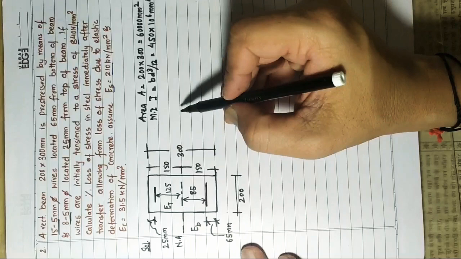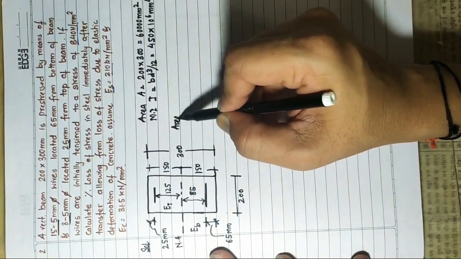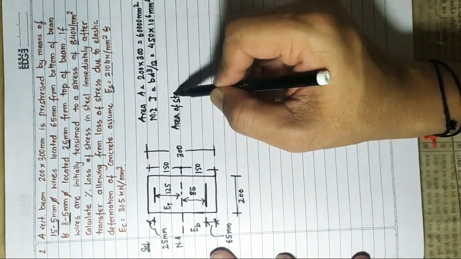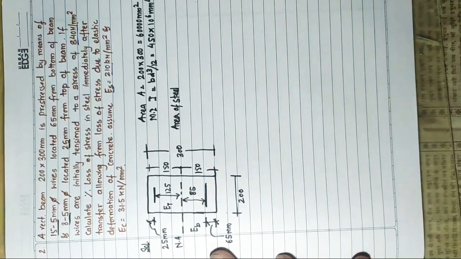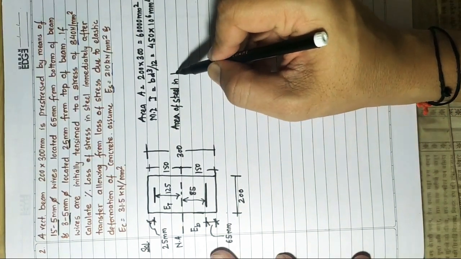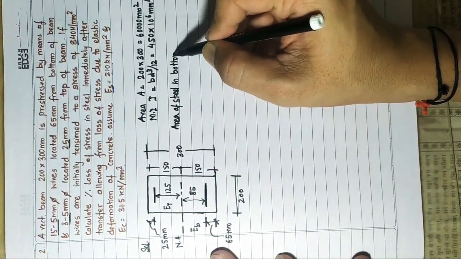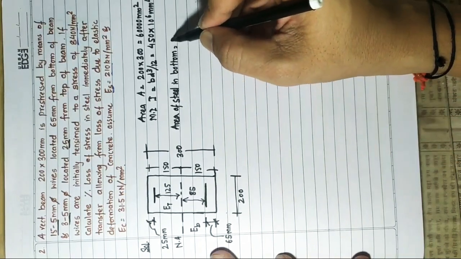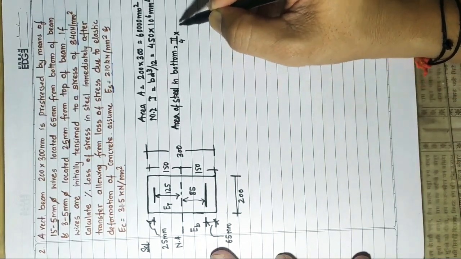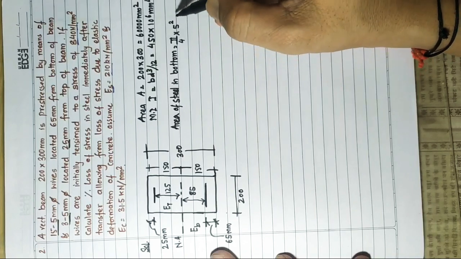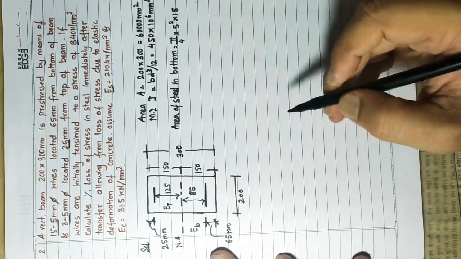Then calculating the area of steel in the bottom: pi by 4 into 5 mm diameter square into 15 numbers.